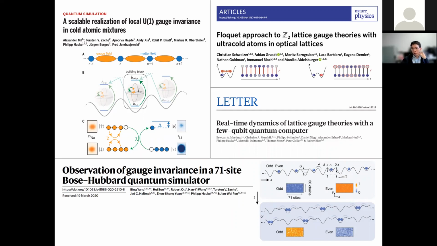But I want to highlight that it was our group that 2 years ago made this advance to go beyond single-body physics, to go beyond the building-block physics, and actually observe gauge invariance in this large-scale Bose Hubbard quantum simulator. This time we will be building on that experiment and going beyond equilibrium physics. So we'll be studying the far-from-equilibrium relaxation of a gauge theory.